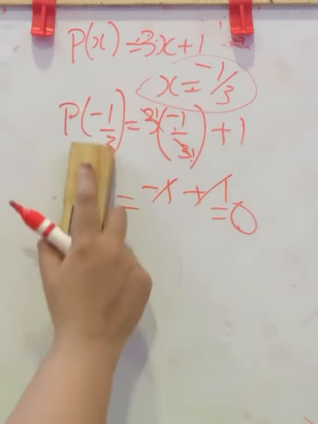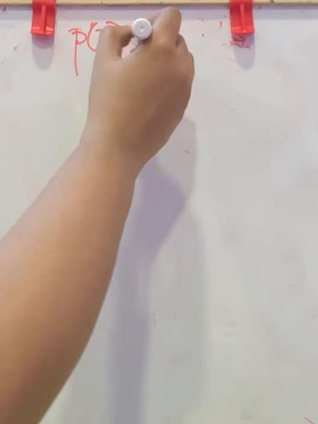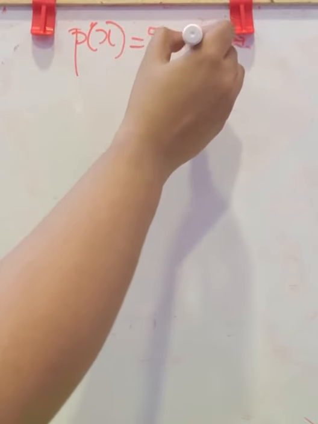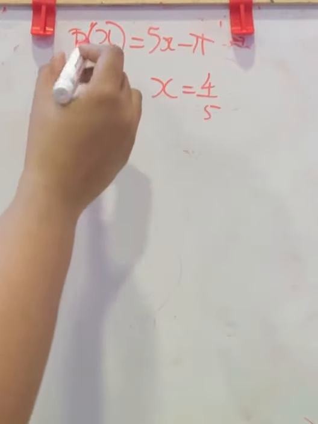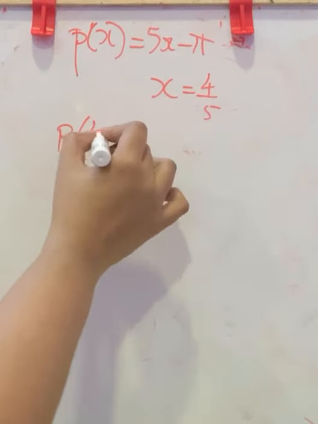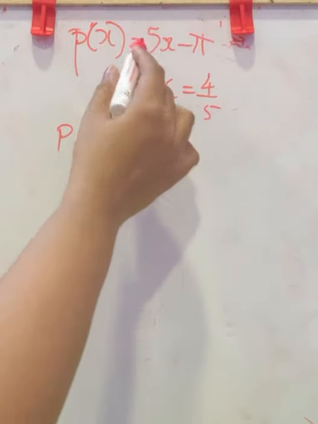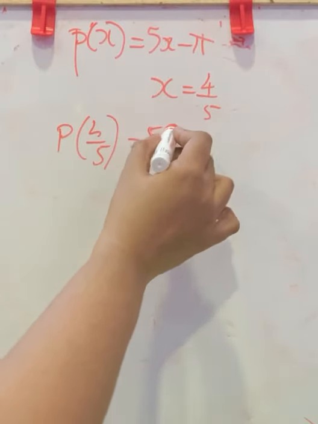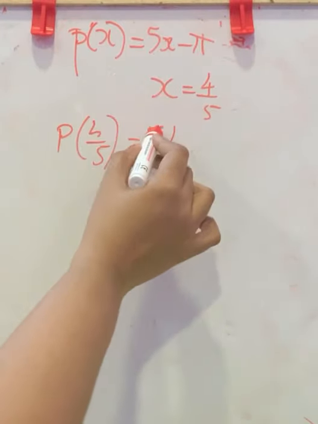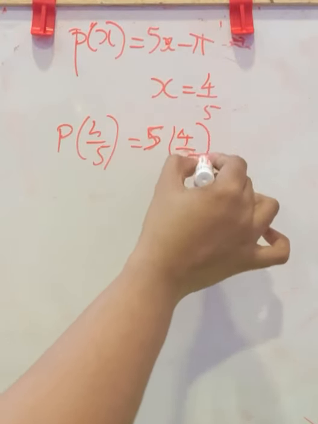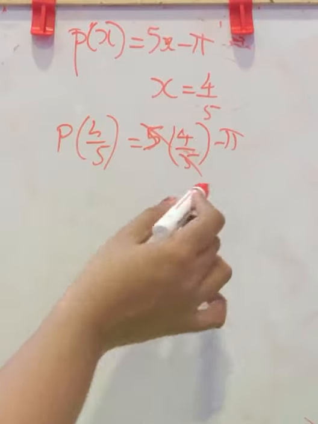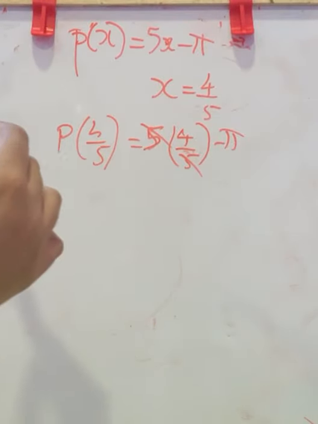Now next, P of x is equal to 5x minus pi, where x is equal to 4 by 5. Let us find P of 4 by 5 to check whether this is a zero of the polynomial. Now here it is 5 into x, which is 4 by 5, minus pi. 5 and 5 are cancelled because common factor 5 is there.